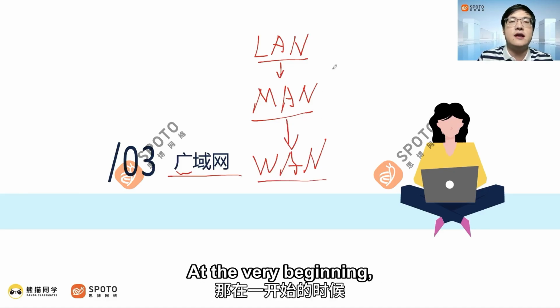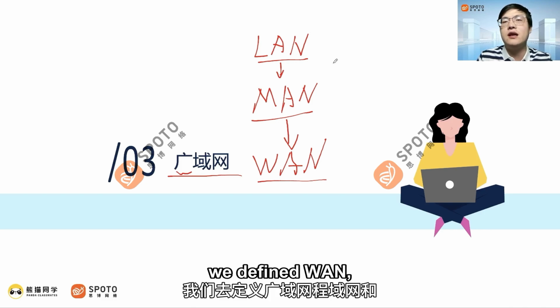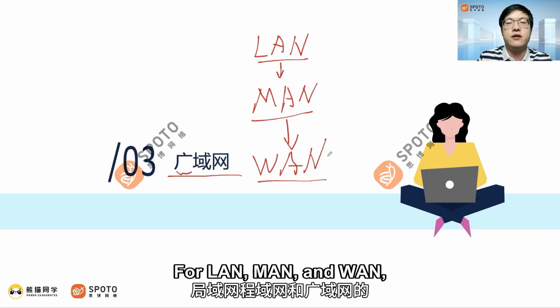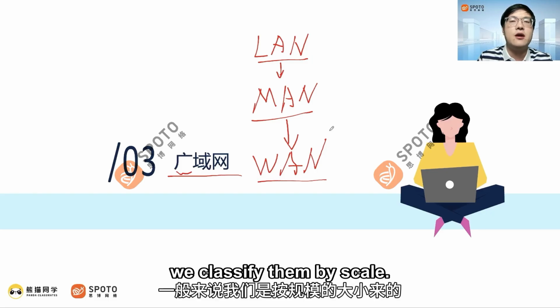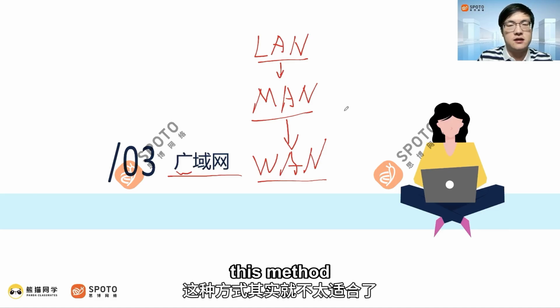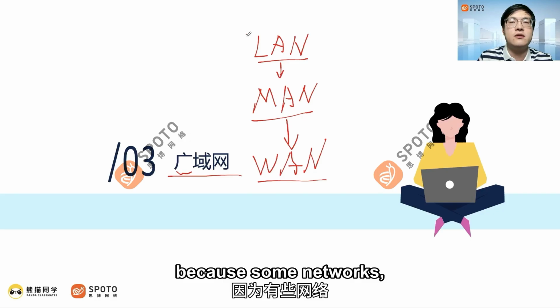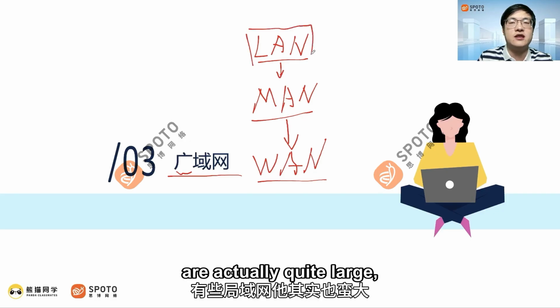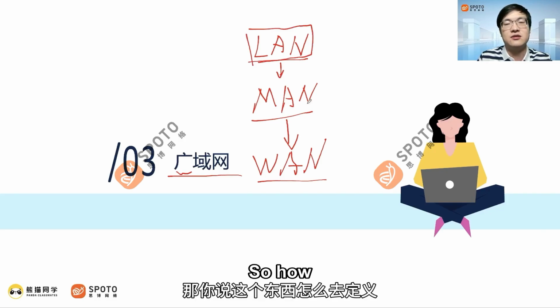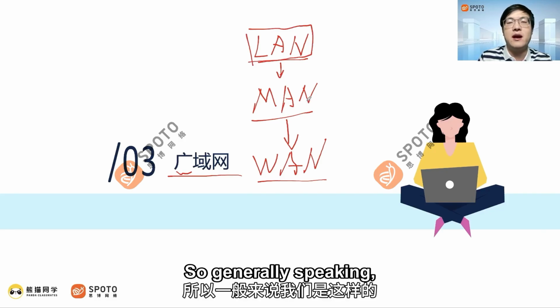At the very beginning, we defined WAN, MAN and LAN by scale. But at the current stage, this method is not very suitable anymore, because some LANs are quite possibly larger than a MAN. So how do we define them? Generally, we do it this way.